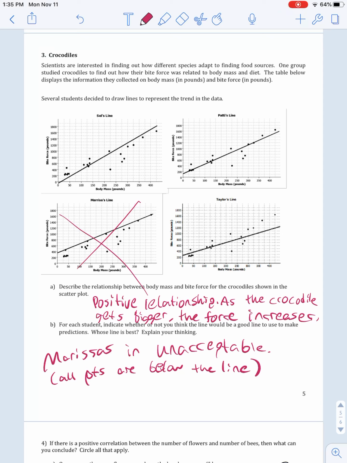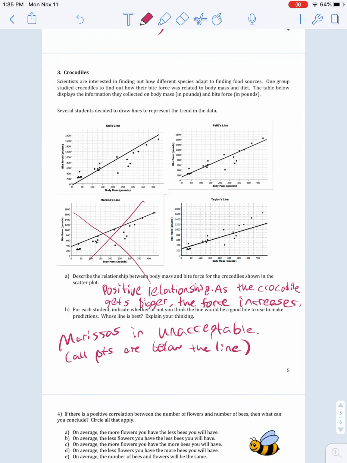I could hear the argument for either one, but personally I think Taylor's is probably the best. She might have a few more points on top than bottom, but it's a pretty even split. So my argument would be Taylor, but I think all three of those are good. Really, it's Marissa's that is the bad one.